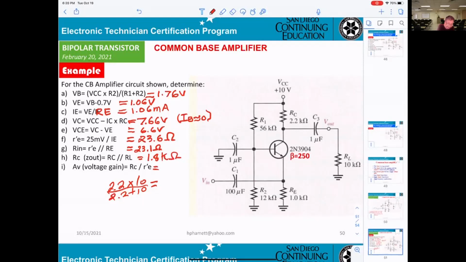Okay. Last one. You take 1.8K divided by R prime E, 23.6. What do you get? 0.07.